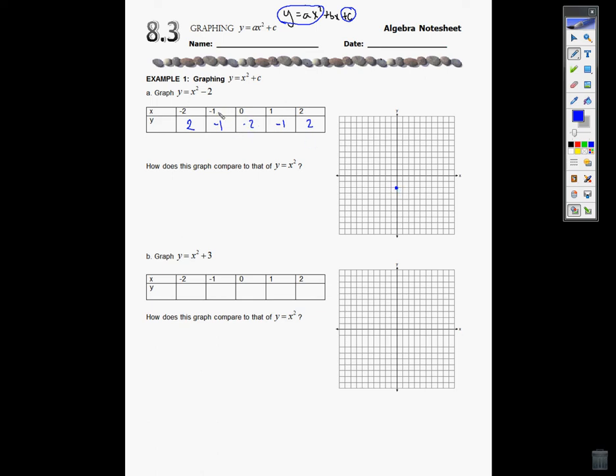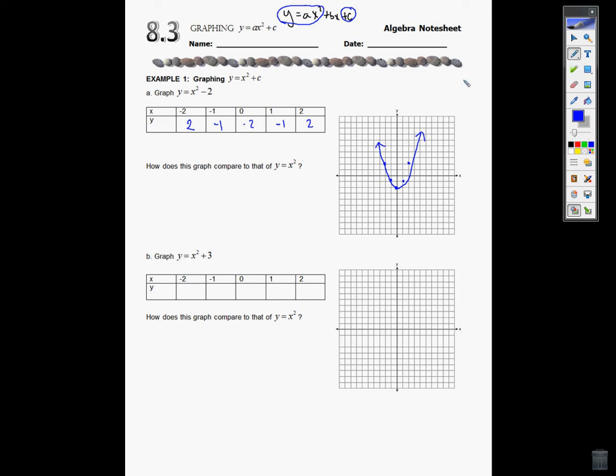If I go to the left, I have negative 1, negative 1, and then negative 2, positive 2. On the right side, if I go to positive 1, I have negative 1, and if I go to positive 2, I have positive 2. I still have that same type of symmetry going on, and we've got a curve going through now.